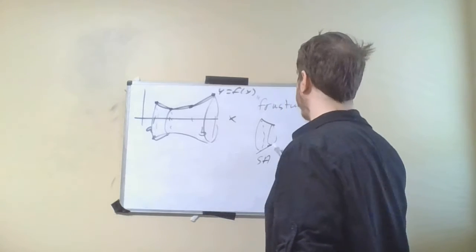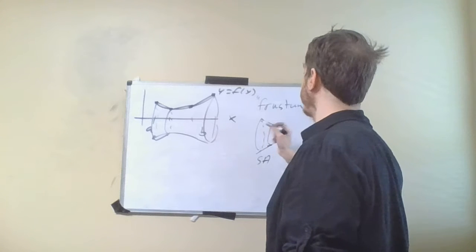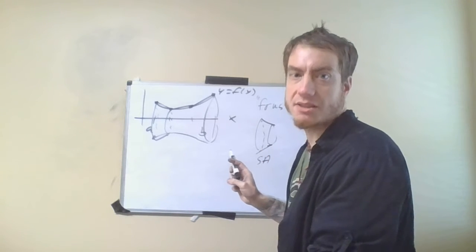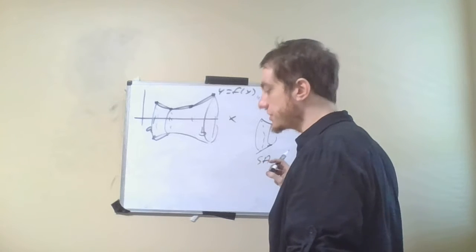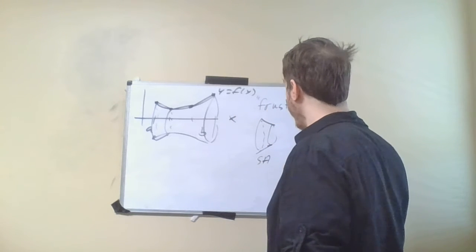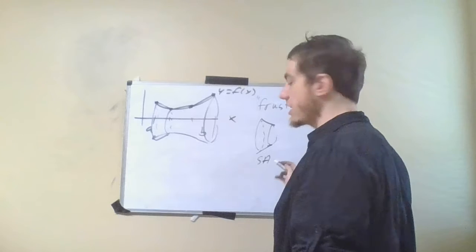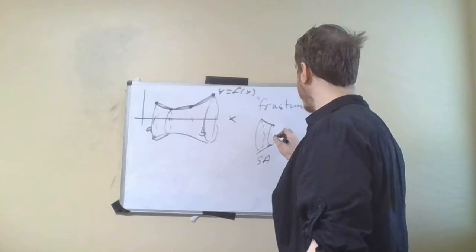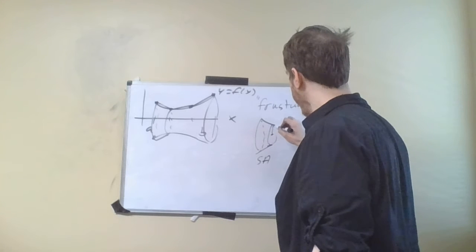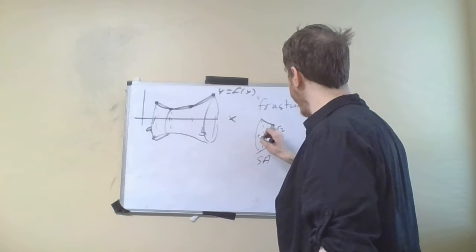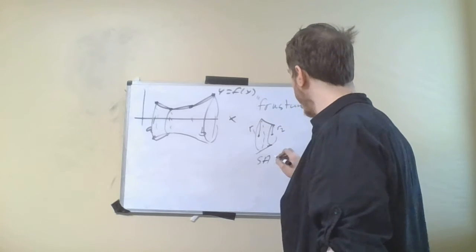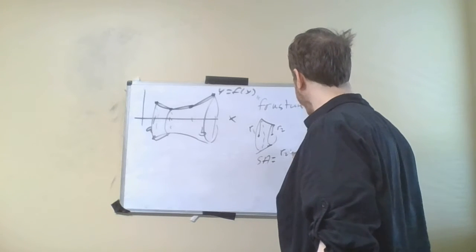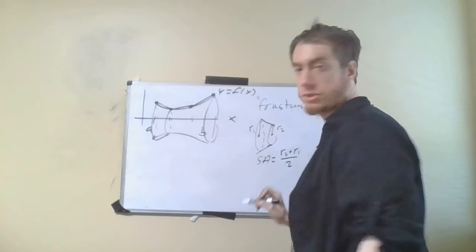But so what is the surface area? Well, it turns out that the surface area of one of these things, we can get from the surface area of cones. And the surface area works out to be the average radius. So if this is my R2 and this is my R1, it is equal to the average radius, (R2 + R1) over 2.